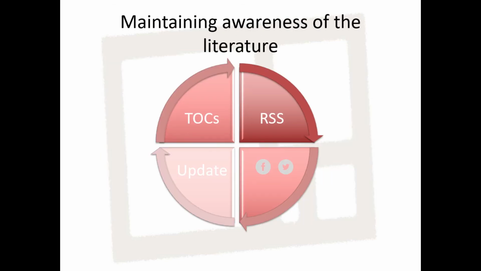Once it's done, then you'll have maintaining awareness of the literature. You can do this through a number of methods. You can sign up to journals for what's known as table of contents alerts. You can use RSS, real simple syndication feeds. You can follow them on social media. That's a good way of getting alerts to things.